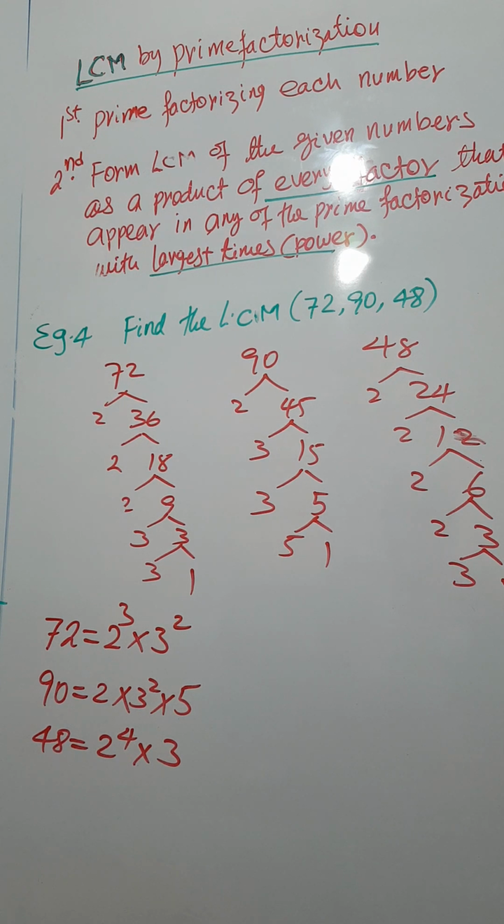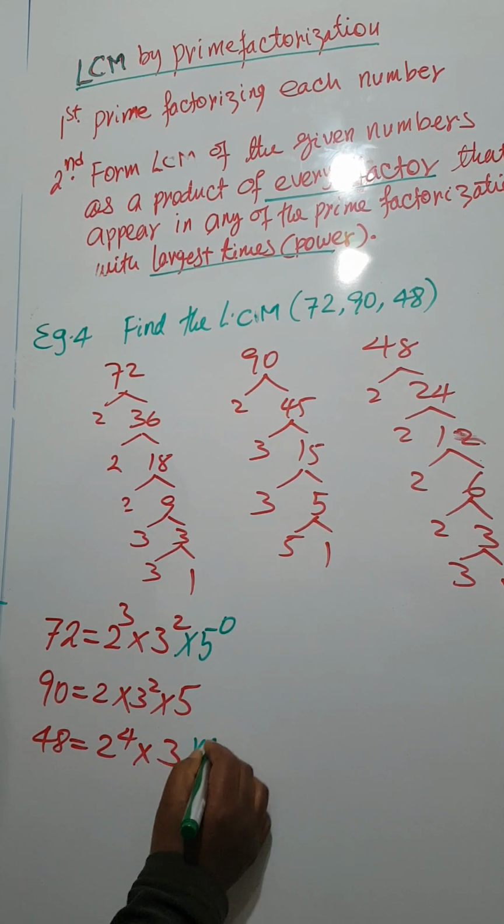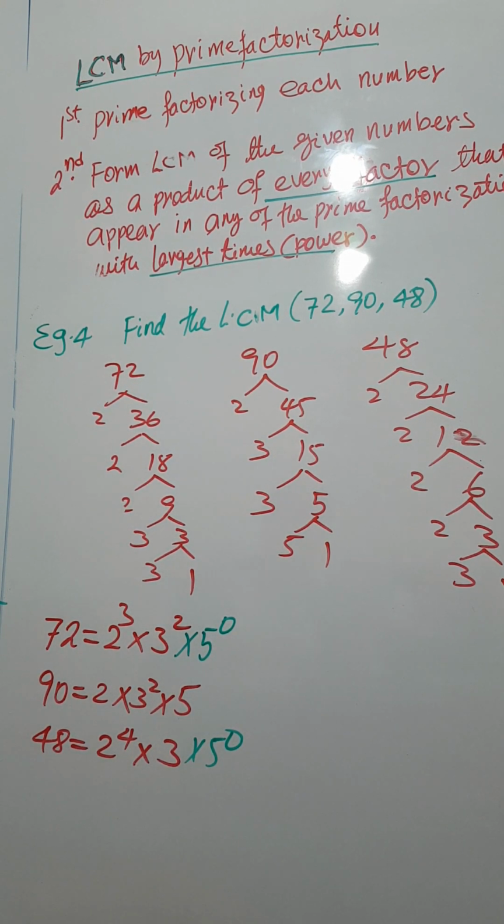But the basic question here is: 2 and 3 appear as factors in all 3 numbers. 5, it seems, is not appearing here and here. But for convenience, it's possible to put 5 as a power of 0, meaning as 1, in the other numbers.